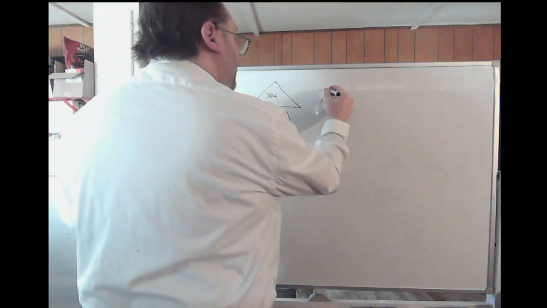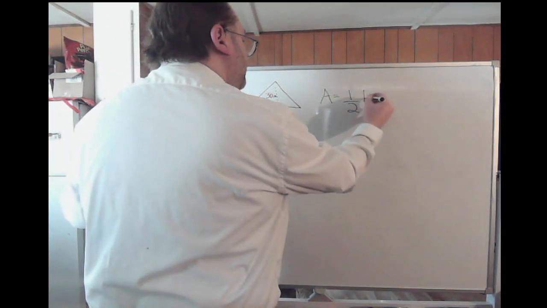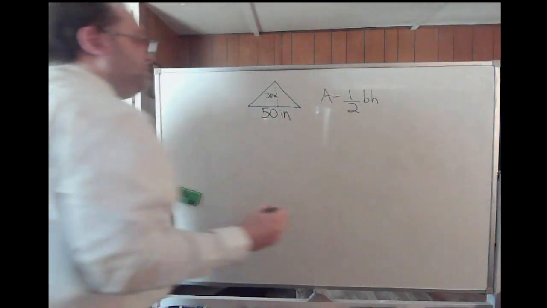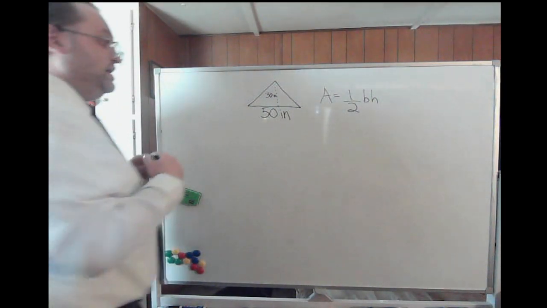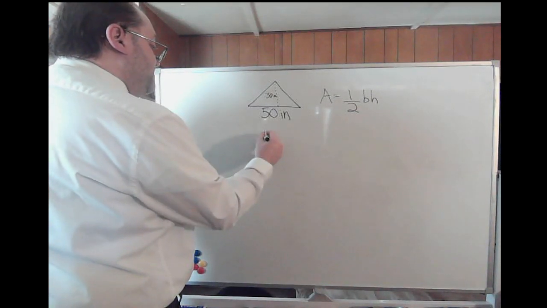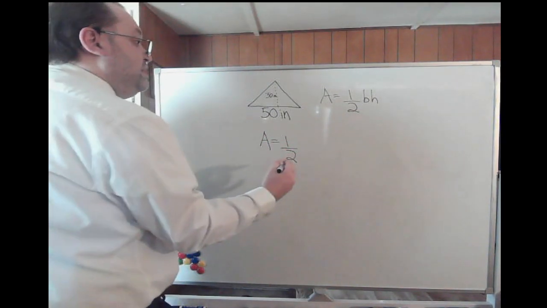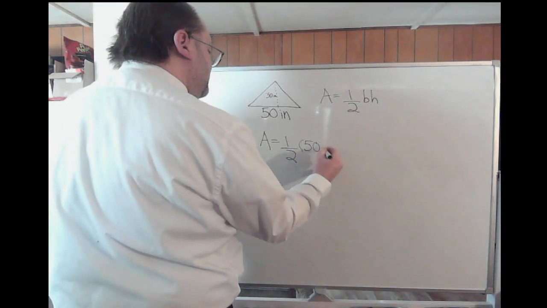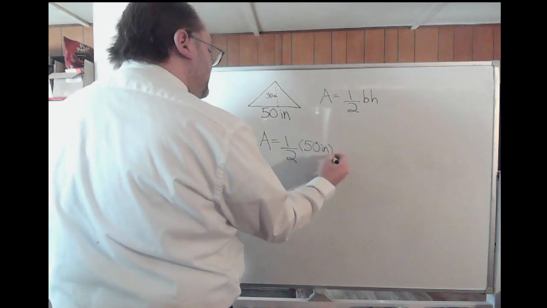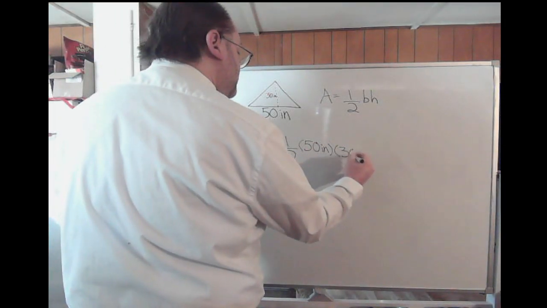To find the area of a triangle, it's going to be half of the base times the height. So to find the area of this triangle, we'll take 1/2 times the base, which is 50 inches, times the height, which is 30 inches.